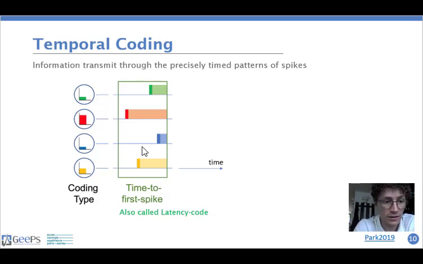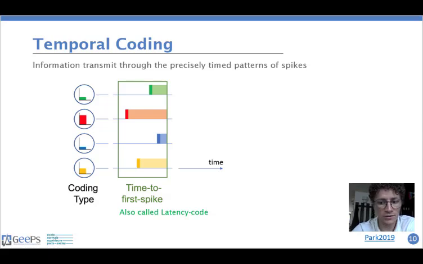Now comes temporal codes. This is still very easy to understand. The information here is transmitted through the precisely timed pattern of spikes. I'll talk about latency codes, and here in latency code, the higher the value to be encoded, the faster or the sooner will be the spike.